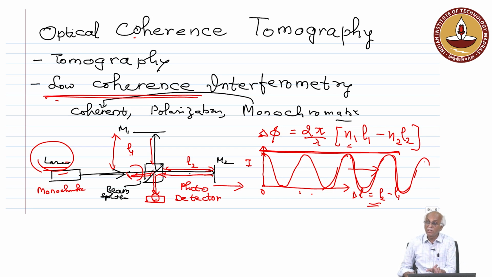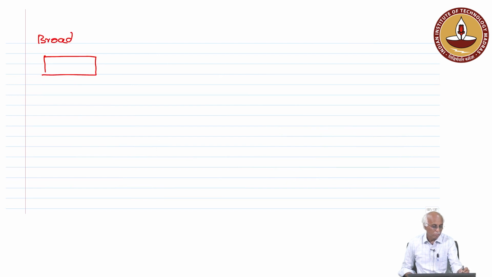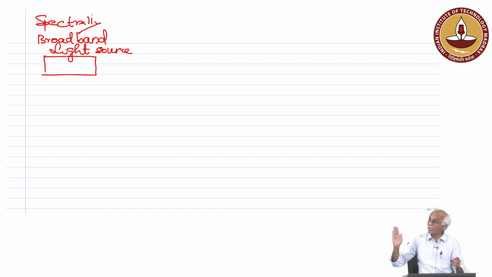What we will observe in terms of the interference pattern. So, if I am using, let us say, a broadband light source, when I say broadband light source, it means spectrally broadband. That means it has multiple wavelengths associated with it.